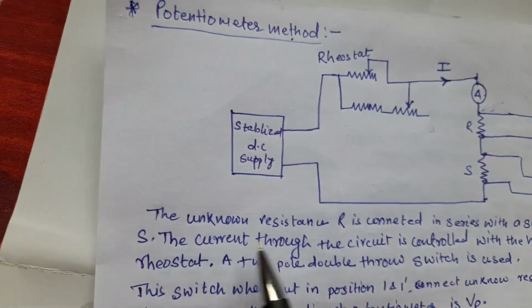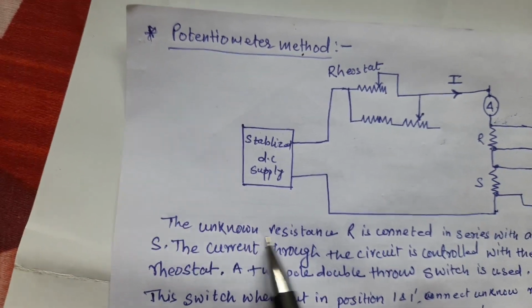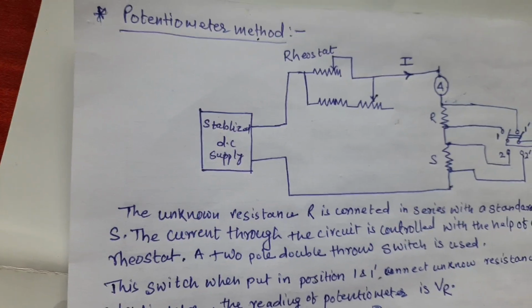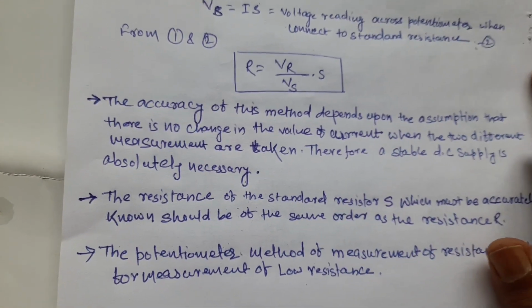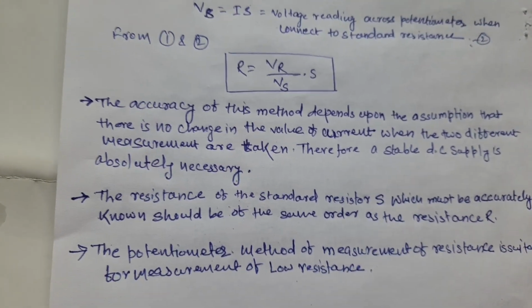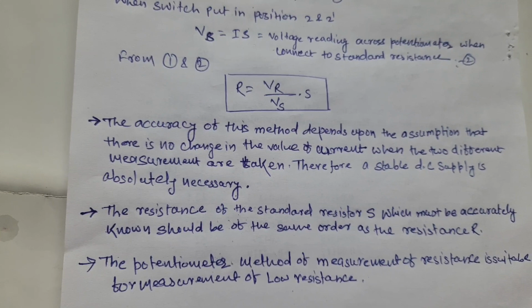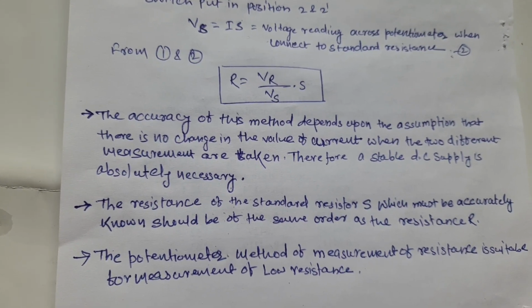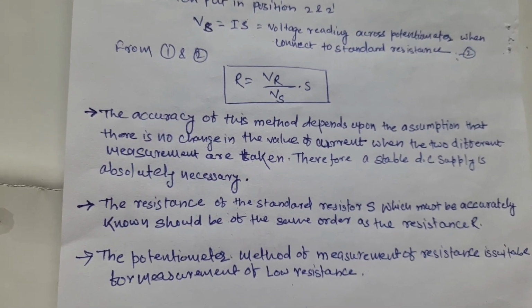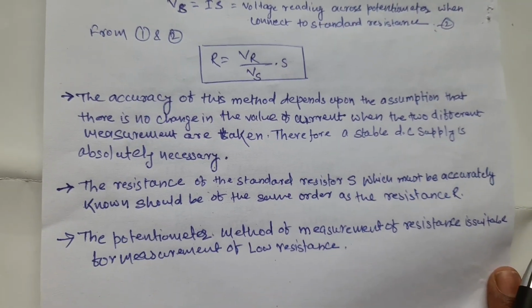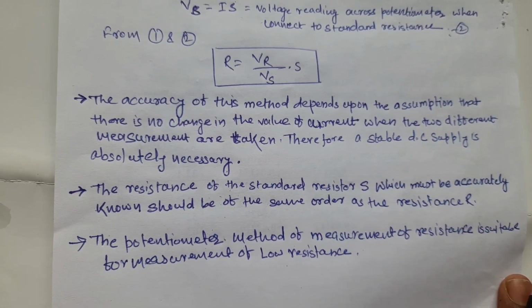That's why we have used a stabilized DC supply, that means the standard DC supply used for the measurement of low resistance. The resistance of standard resistance S must be accurately known and should be of the same order as resistance R, and the potentiometer method is suitable for the measurement of low resistance.